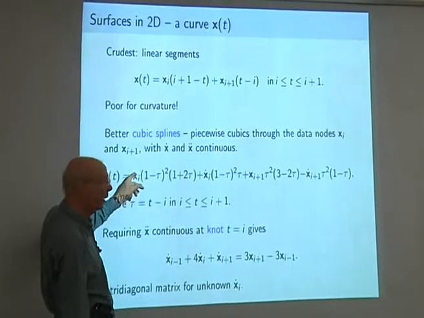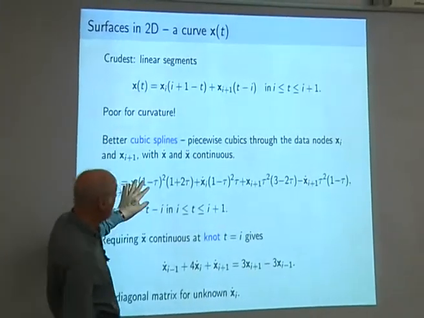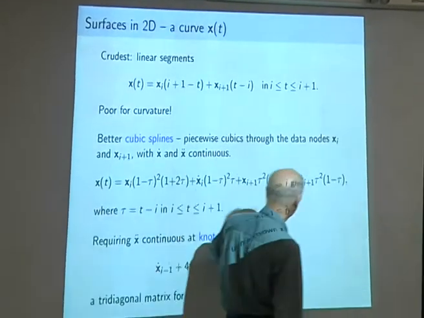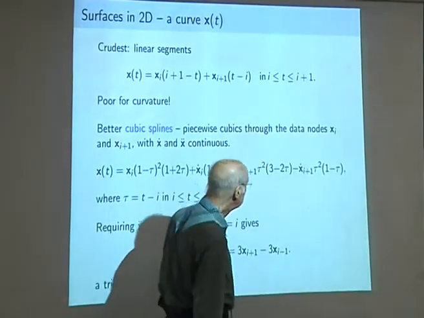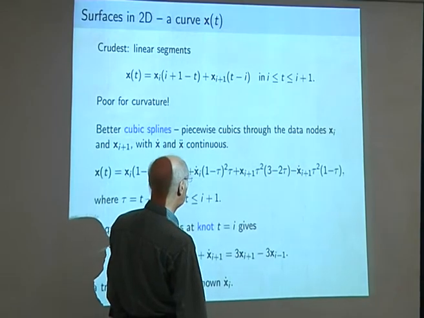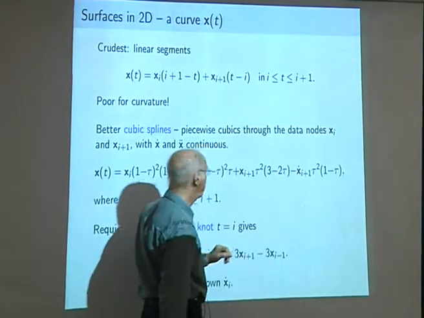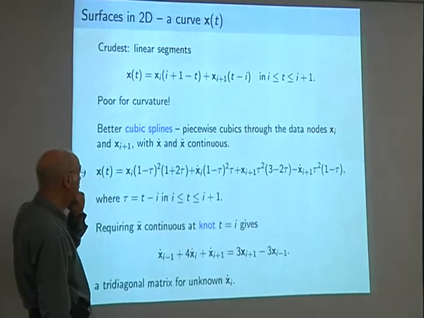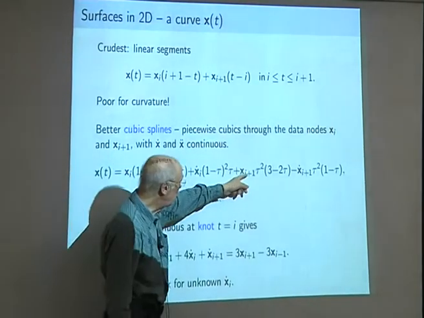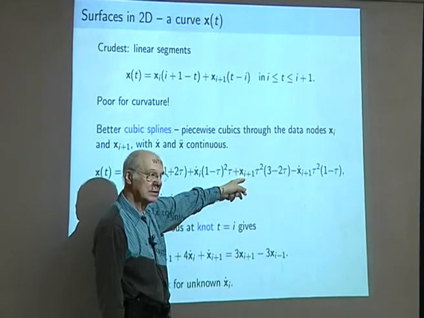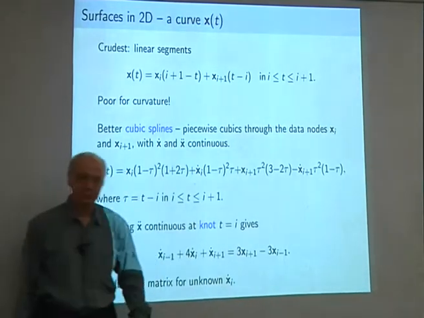So x is equal to x_i at tau equals 0, and then all of these cubics have been chosen to vanish at tau equals 1, except for this one where this is 1. So we get x_{i+1}.